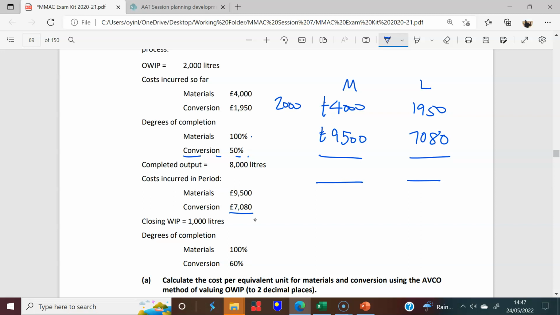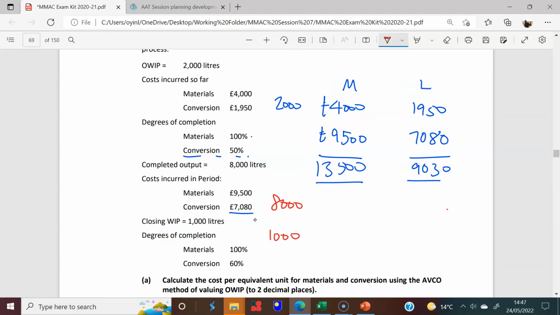So far you've spent 13,500 on materials, and so far you've spent 9,030 on labor. Now, what have you come out with? Because you've mixed up all the products together, you've come out with 8,000 complete goods and 1,000 partially finished goods, right?